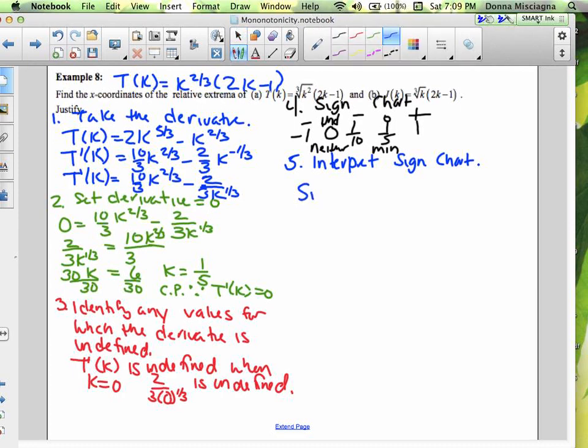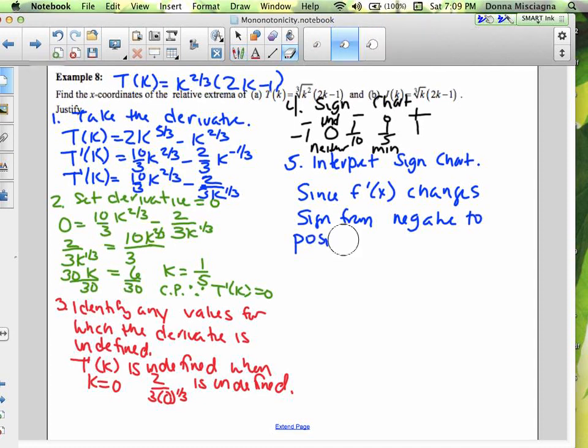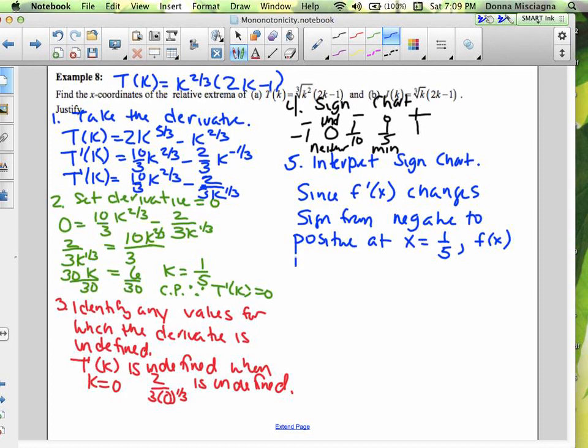So since f prime of x changes sign from negative to positive, at x equals 1/5, f of x has a relative minimum.